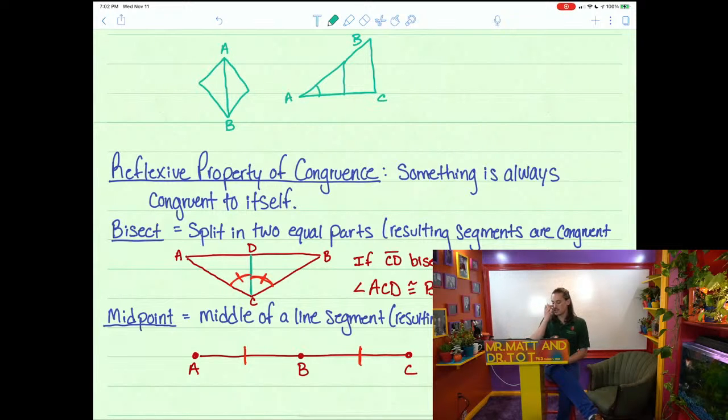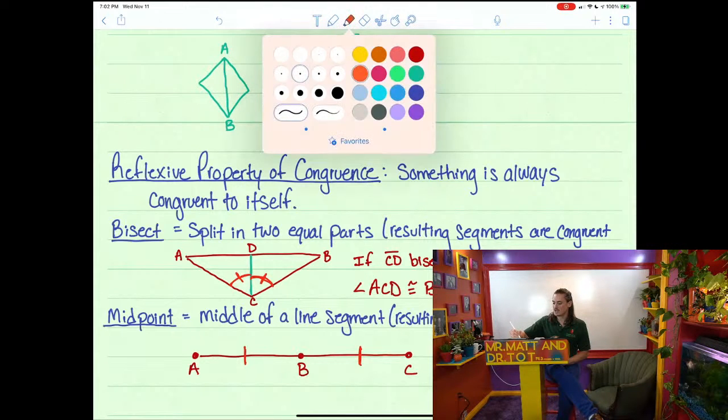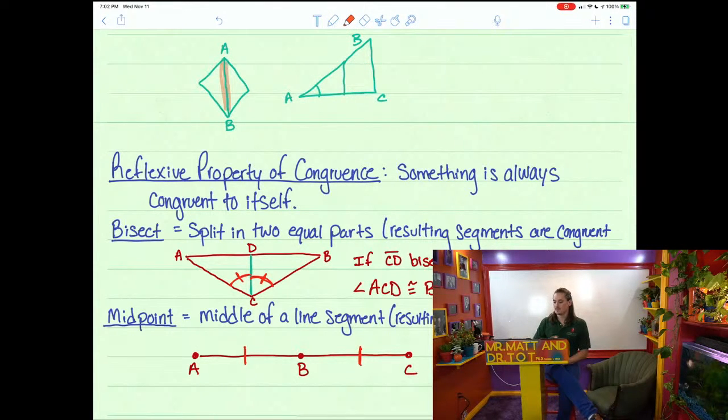In the first diagram that I drew, you can obviously see that the 2 triangles share this side AB because it makes up that four-sided quadrilateral. So we could say, due to the reflexive property of congruence, that side length AB has to be congruent to side length AB because it's the same thing.